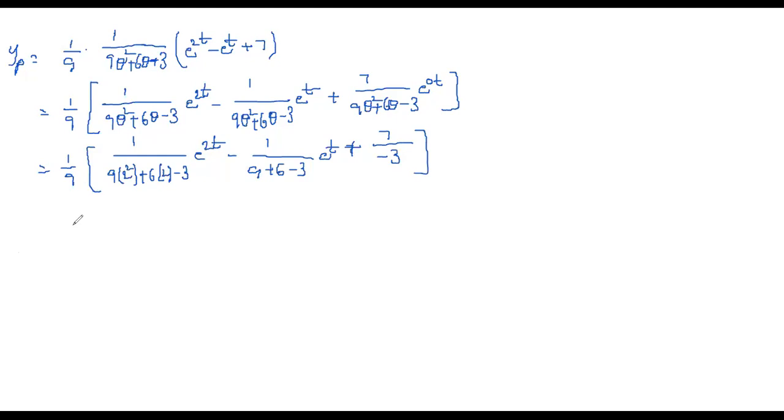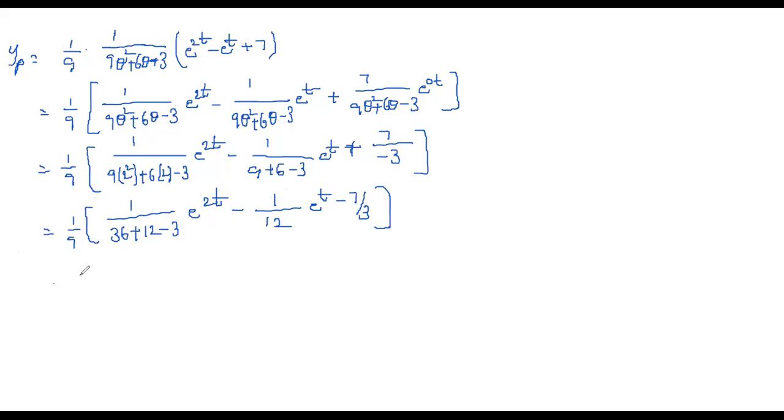Then here it is 1 by 9 into 36 plus 12 minus 3 into e power 2t, minus 1 by 12 e power t, minus 7 by 3.